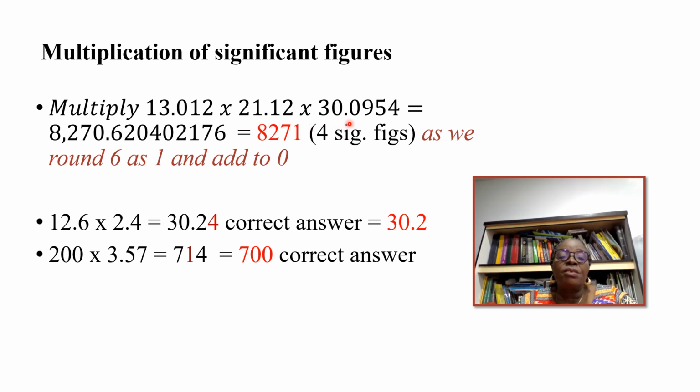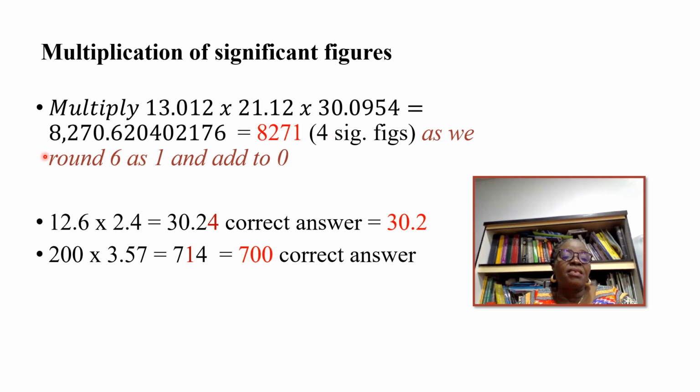And 30.0954 has 6 significant figures. Remember, we said that you are going to limit your answer to the least significant figures, which is 21.12 having 4 significant figures.